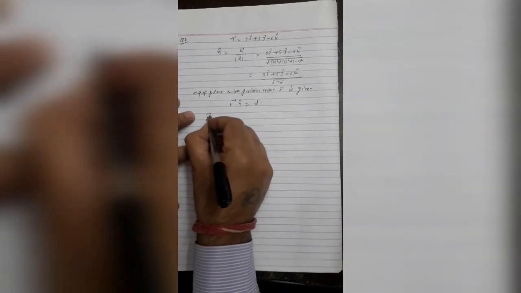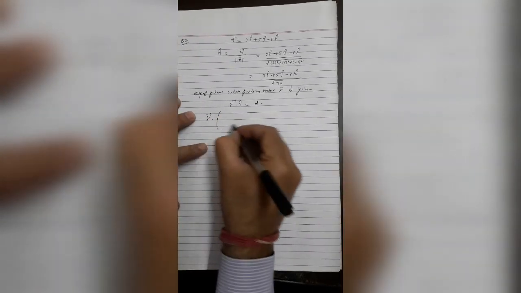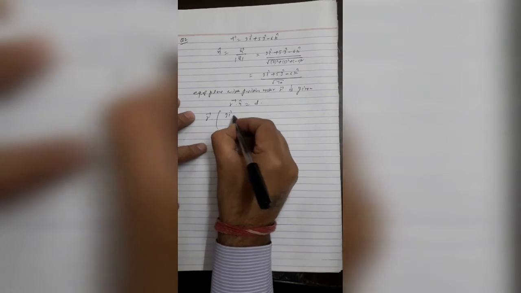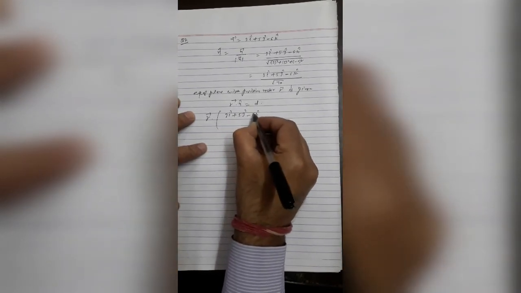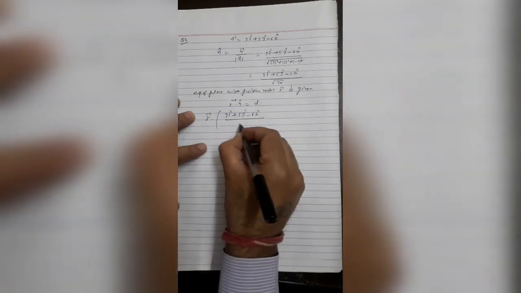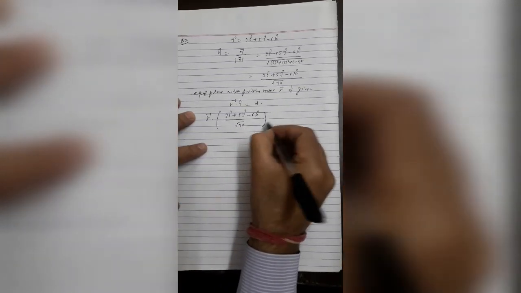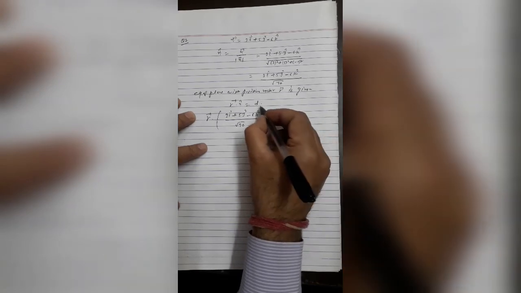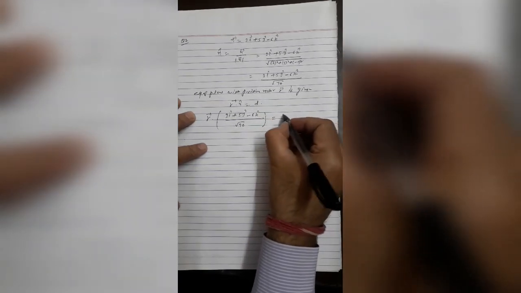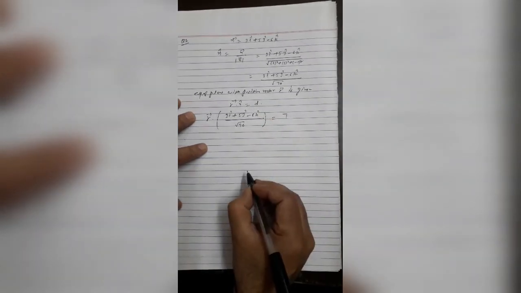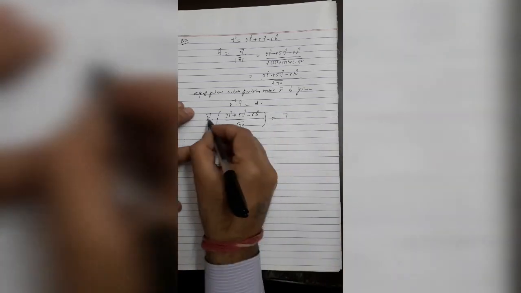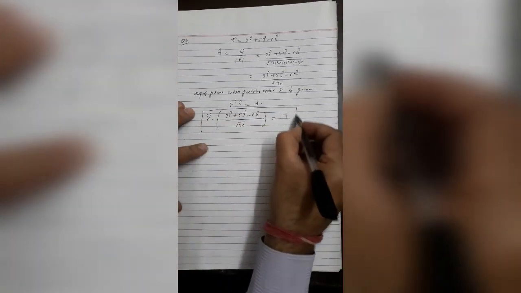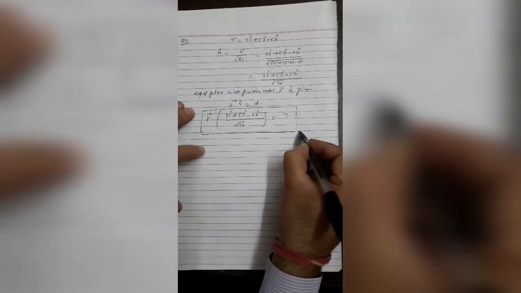So it will come as r dot 3i cap plus 5j cap minus 6k cap upon root 70, that is equal to, what is the distance? In the question the distance is given as 7. This is the required equation students. So this will be the answer of question number 2.